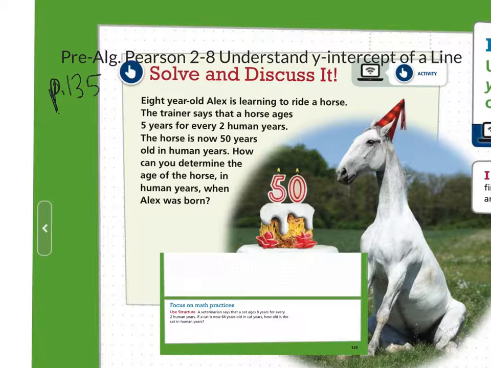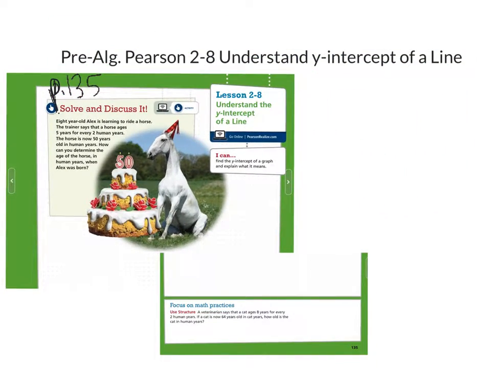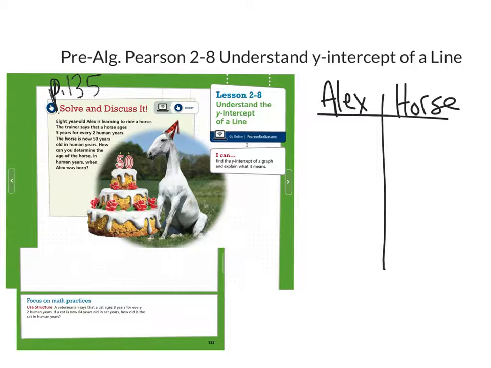So, what we want to think about on this, we can think about the different ages. So we're looking at Alex's age and the horse's age. If we look at this now, we can easily see by the cake that the horse is 50.